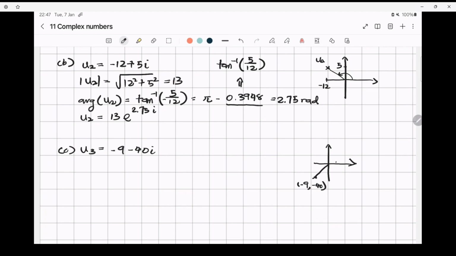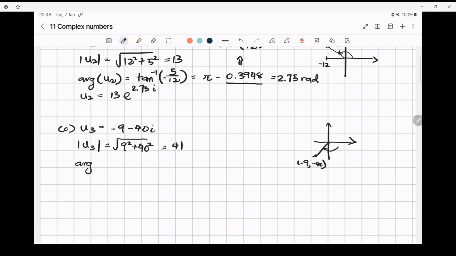So if you turn anti-clockwise, it will be more than pi. So what you need to do is to turn clockwise, based on our definition. Okay, so that's what we will do. So the modulus of U3 is the square root of 9 squared plus 40 squared, that will give you 41.